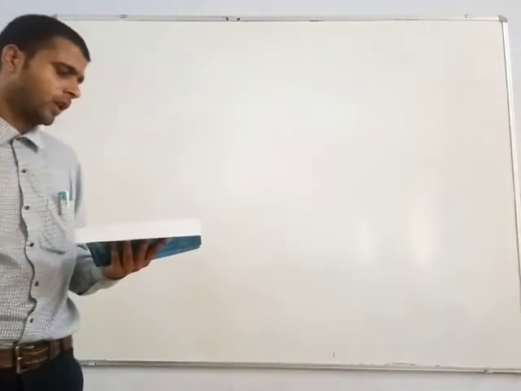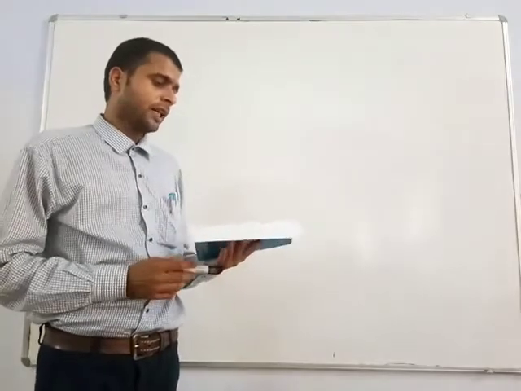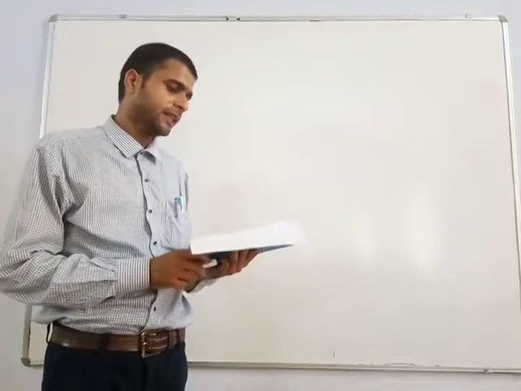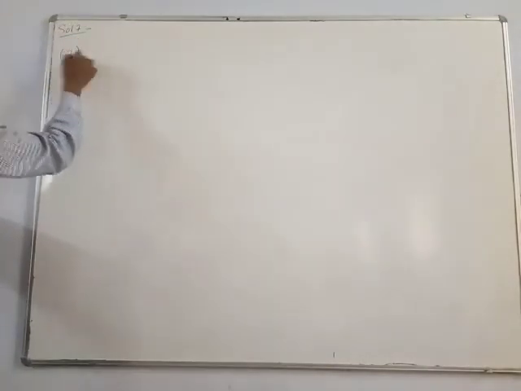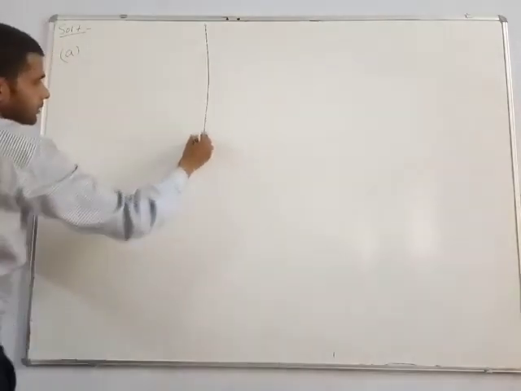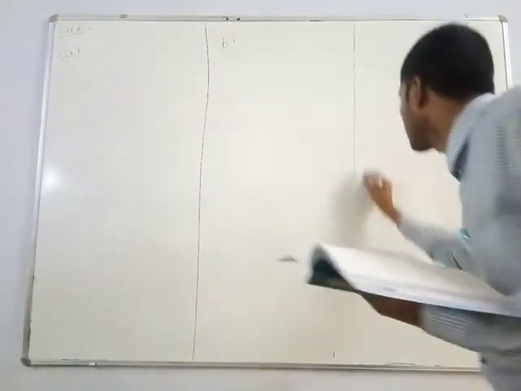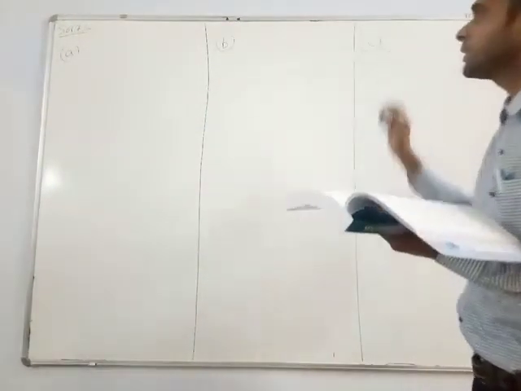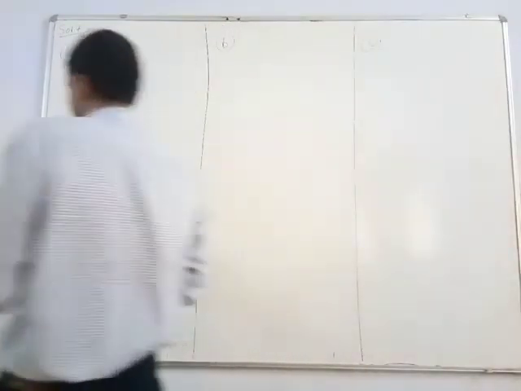Then question number 7: find the angle in radians through which a pendulum swings, of length 75 cm, when its tip describes an arc of length. In question number 7, there are three parts: A part, B part, C part. In A, the length is 75 centimeters.